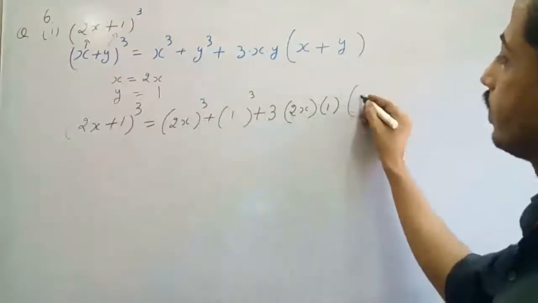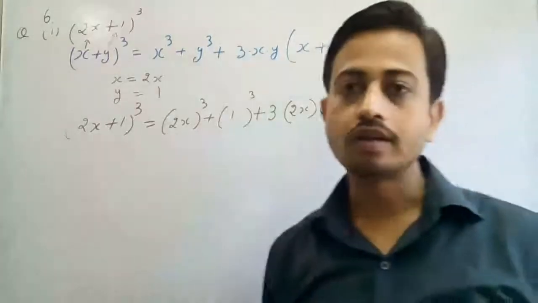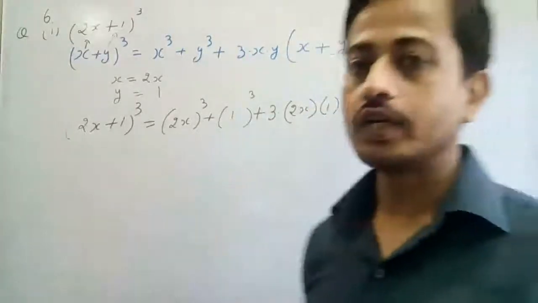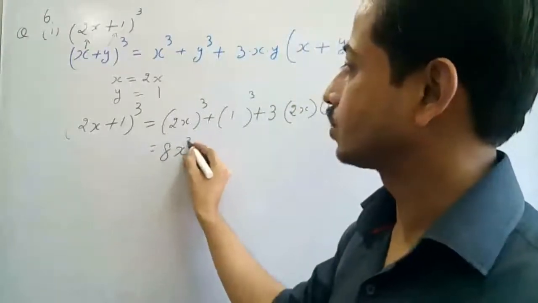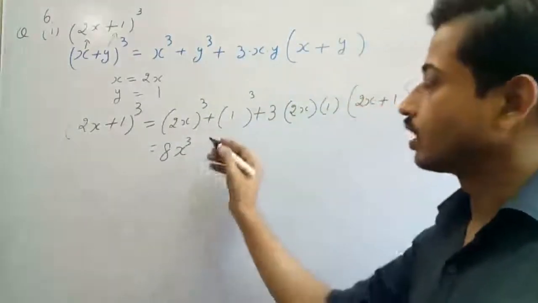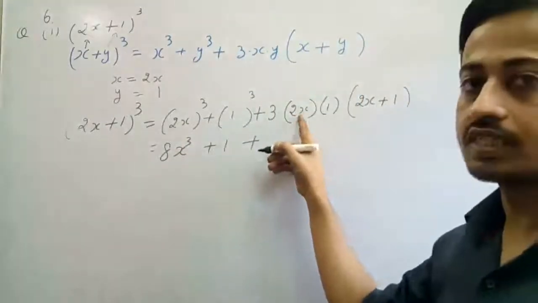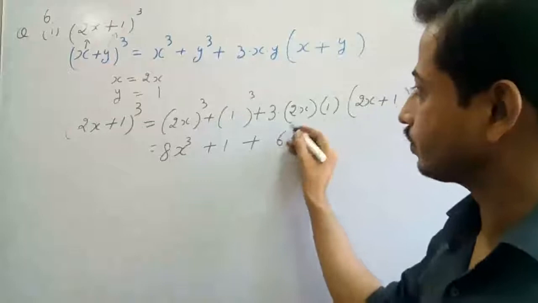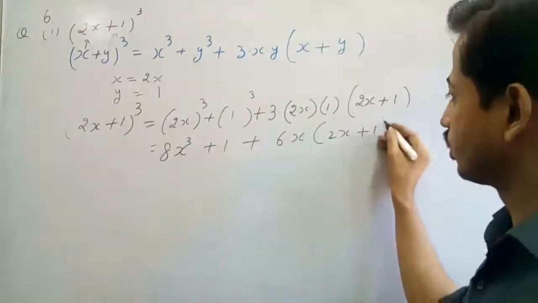Now (x plus y), x is 2x and y is 1. Now solve. 2 into 2 into 2, we get 8. x into x into x, we get x cube. Now 1 into 1 into 1, 1. 3 into 2, 6 into 1, 6 into x. Now (2x plus 1).